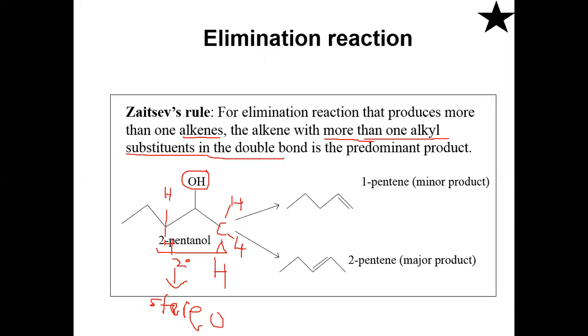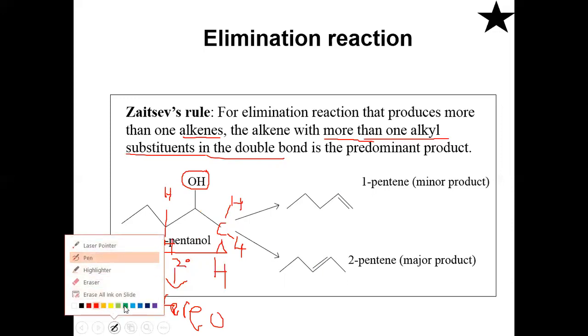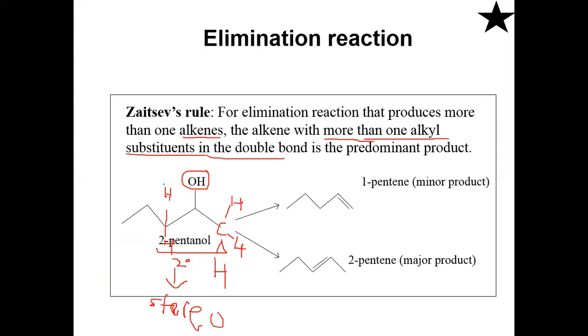Elimination reaction is a dehydration, meaning you want to get rid of water molecule in your alcohol. So the possibility for water to be eliminated antara OH ni ataupun H ni dengan H ni, dengan H ni dengan H ni.